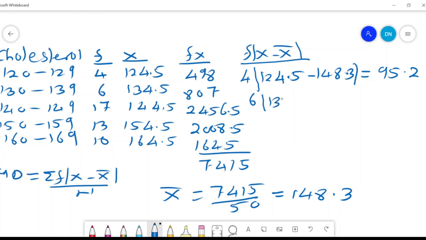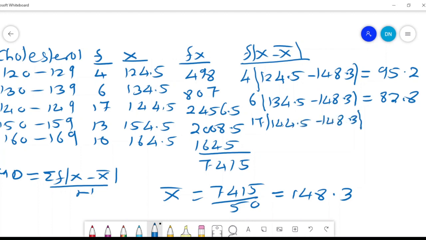The next value, the frequency is 6. I get the absolute value of 134.5 minus 148.3, and the absolute value of that times 6 will give me 82.8. The third one will be 17, then it will be 144.5 minus 148.3. I get the absolute value, and then I multiply by 17, and that will give me 64.6.